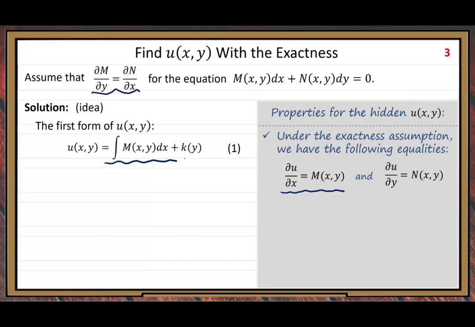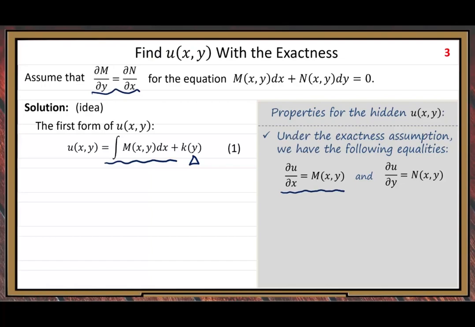When we take the integral, we need to add a constant term. Since we treat y as constant, in the more general case the constant term may contain y terms. For that reason, this little k function is an unknown function to be determined.